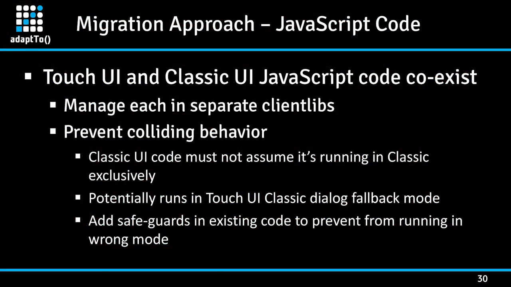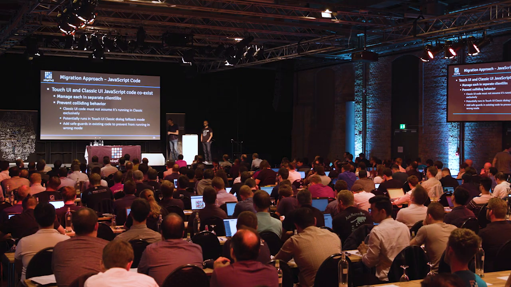All right, one final aspect to consider, and that we worked on quite a while, is the management of JavaScript code. Both UIs bring their own JavaScript code, obviously. You might also have components around that do use some JavaScript code, widget types, etc., as we've learned. And now you need to have your TouchUI equivalents of that.